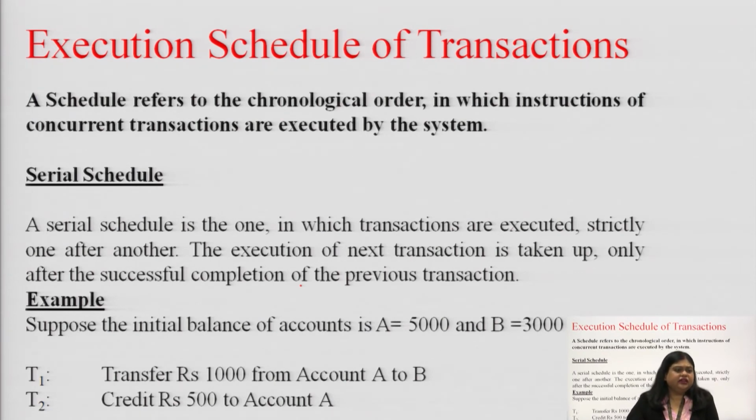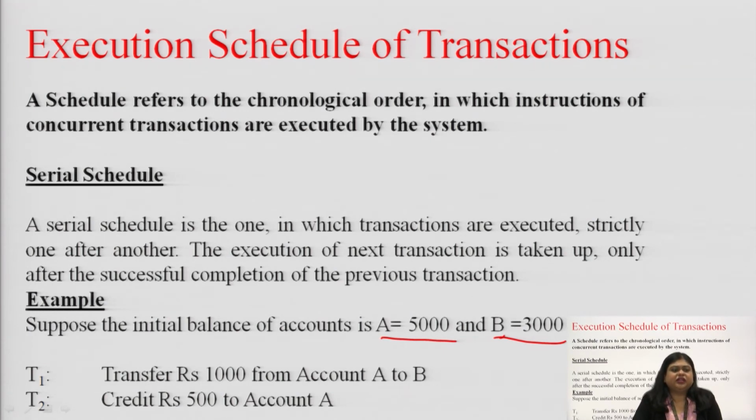So, here there is an example which says that the initial balance of two accounts A and B, A is 5,000 and B is 3,000. Now, this example we will be discussing throughout the lecture, right. There are two transactions.